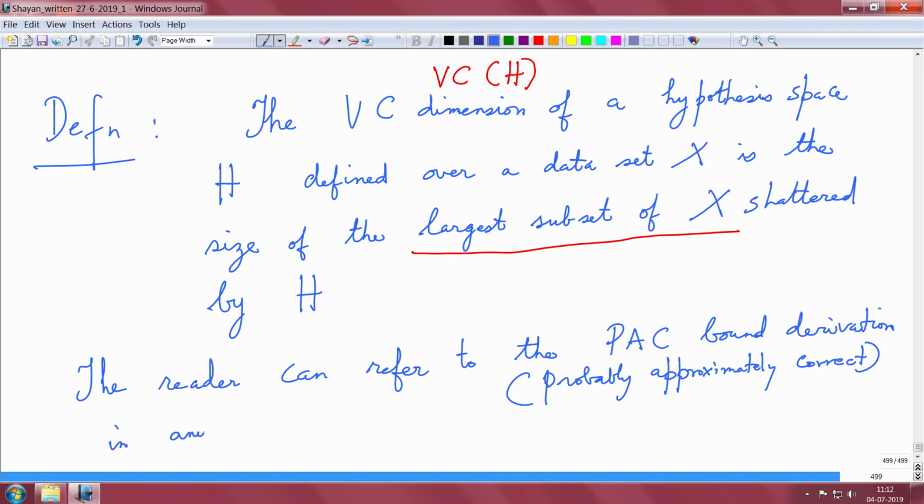In any standard machine learning textbook, or any statistical decision theory or statistical learning theory book, you can refer to where we discuss this PAC bound derivation, and that links the error in the training set, the VC dimension, these constants and the cardinality of the hypothesis space, etc. It links all these things together through a bound.